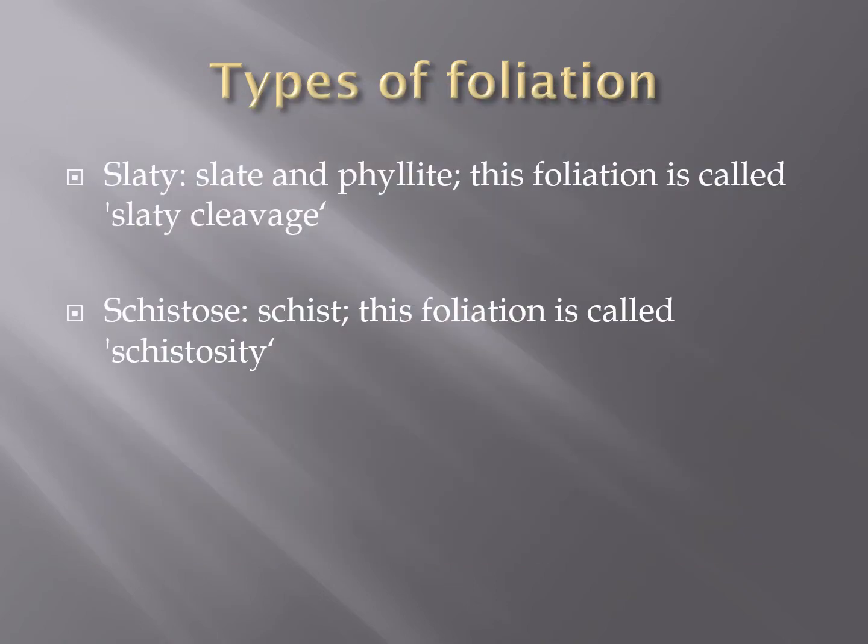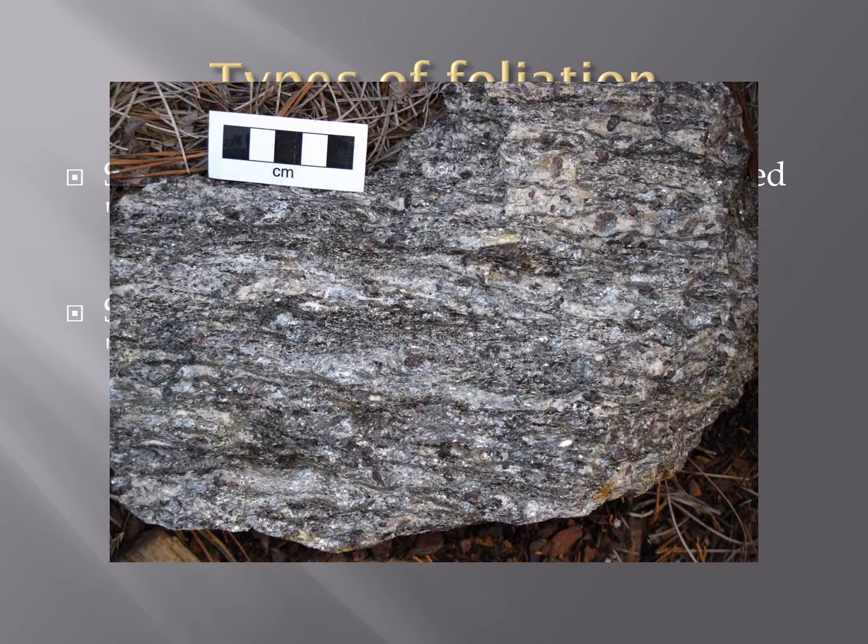Another type of foliation we see is schistose or schistosity, and this type of foliation is seen in schist, of course. It's definitely not as flat or planar as slaty foliation. However, we do see that it breaks off cleanly along certain planes.